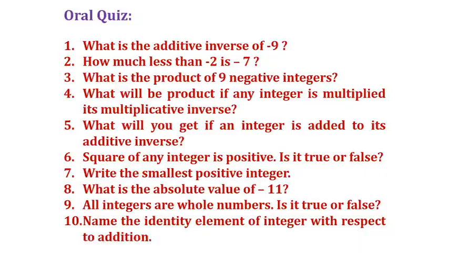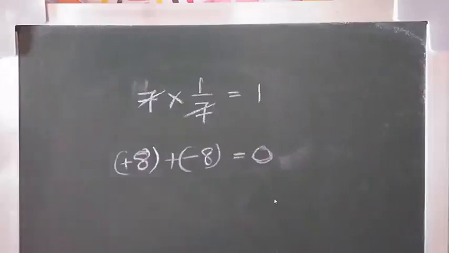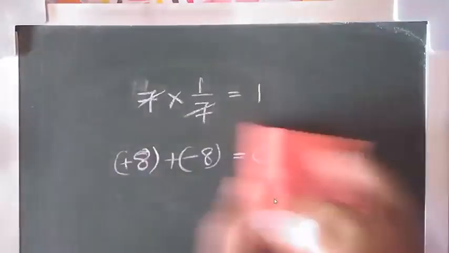Next, square of any integer is positive. Is it true or false? True. Why is it true here? Observe here, I am taking +2 and taking the square of this, which is equal to 4. This is also plus 4 only.